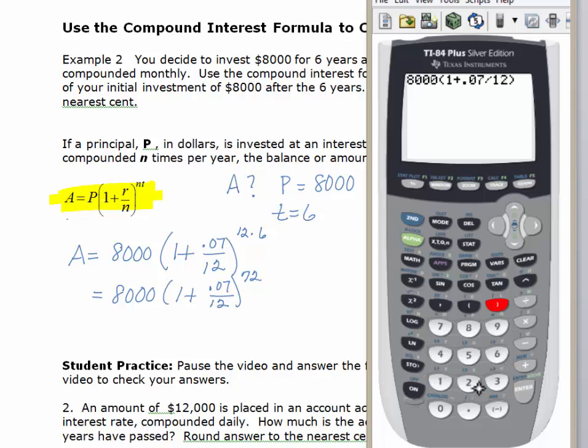Close the parentheses, and then there's a caret key here, which we've looked at before with exponential functions. We want to raise to a power of 72. And then we'll hit enter. They want us to round to the nearest cent, so our answer is $12,160.84.